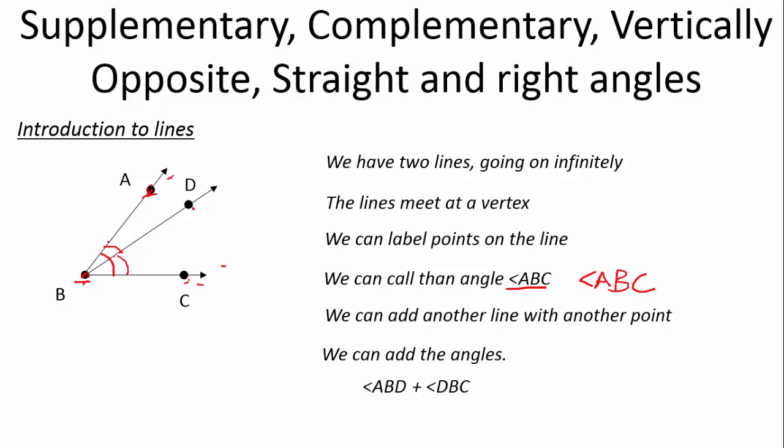Because these angles aren't equal, we're going to put two lines to show that that's a different angle to that. And for this one here, we could put three lines. This is just to show that it's a different angle. As you can see, angle ABD plus angle DBC will equal angle ABC. That makes sense. Quite simple.